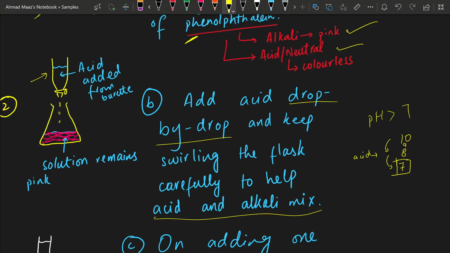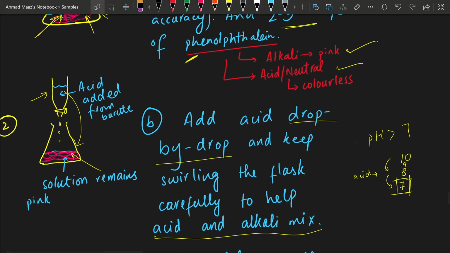will be exactly 7. This is called the point of neutralization, when all the alkali has been neutralized by the acid. This is the exact point where phenolphthalein will change color, because it is colorless in neutral and acidic conditions.